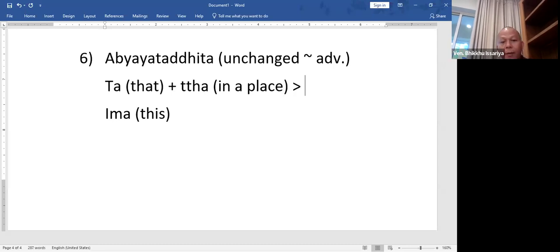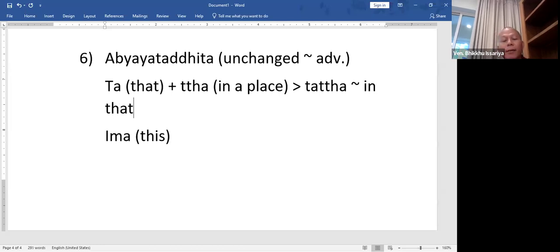Together we have tatra, which means in that place, that means there.